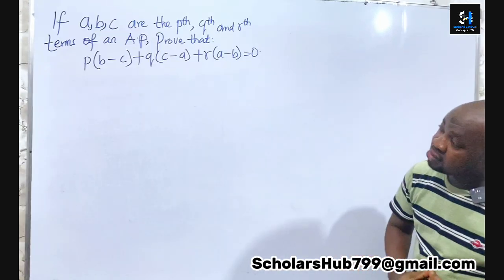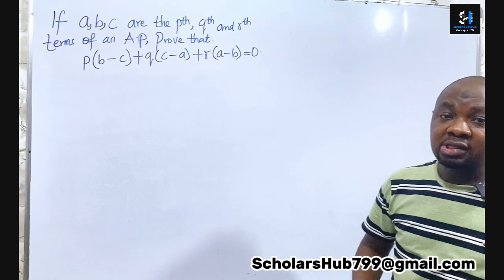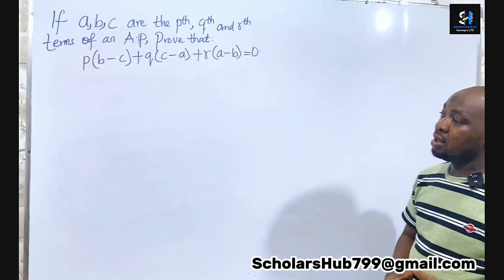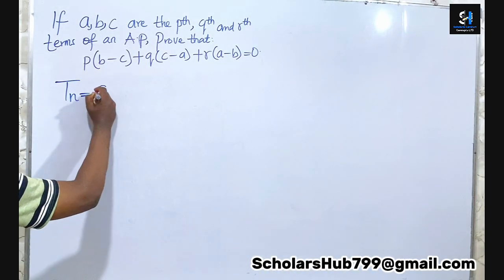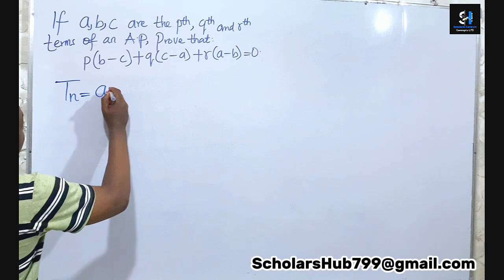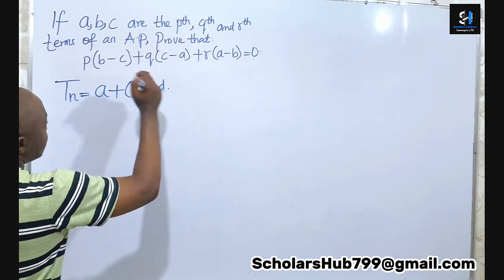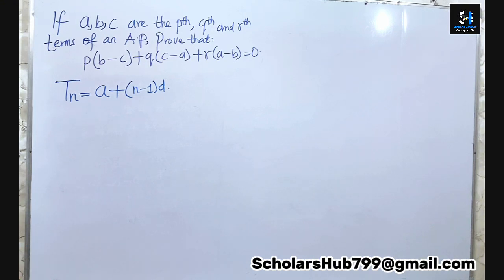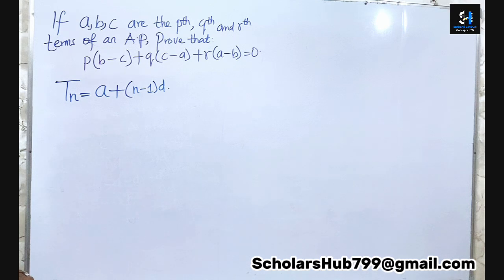So what I will do first is to write A, B, C using the nth term formula for an AP. We know that the nth term formula for an AP is T subscript n equals A plus (n minus 1) D, where D is the common difference, n is the number of terms, and A is the first term.